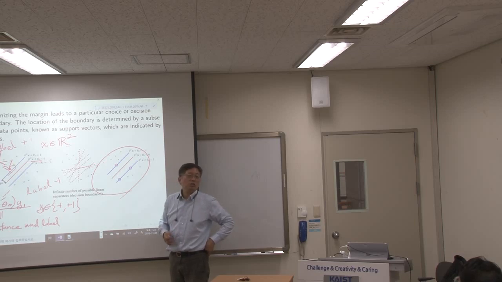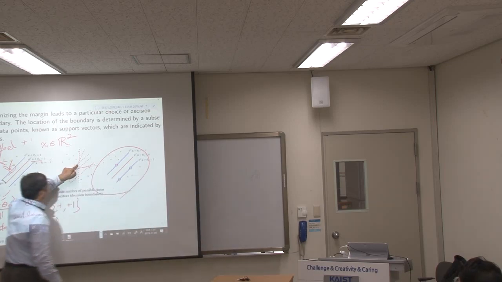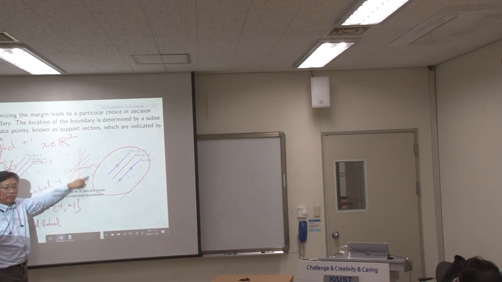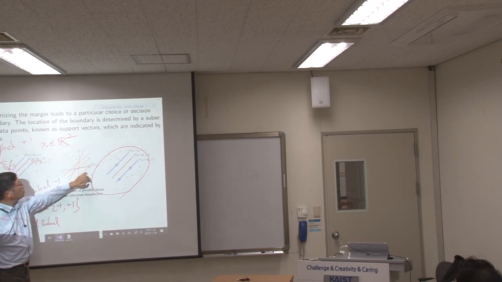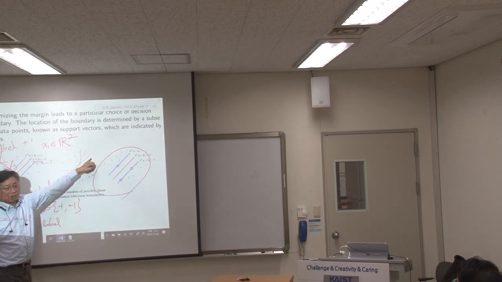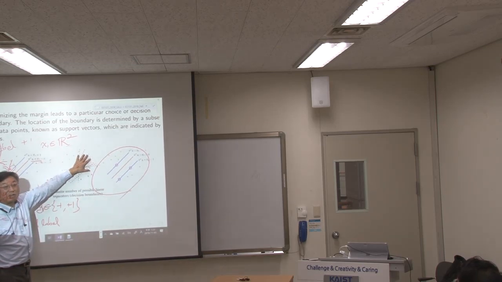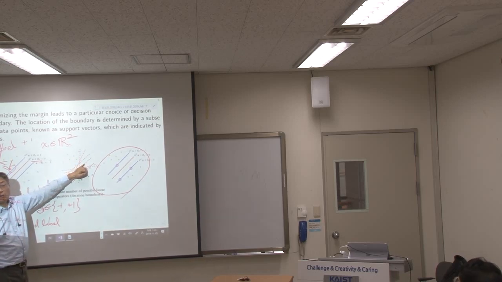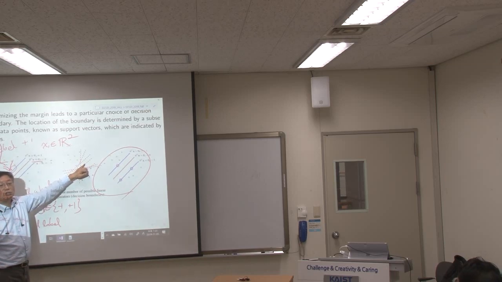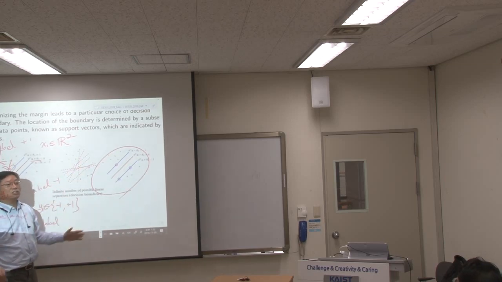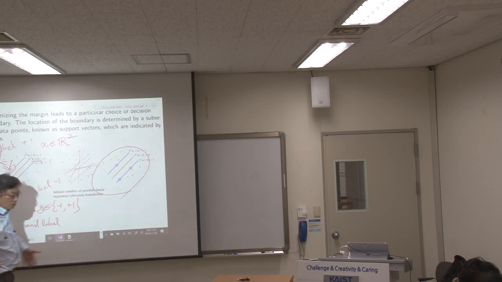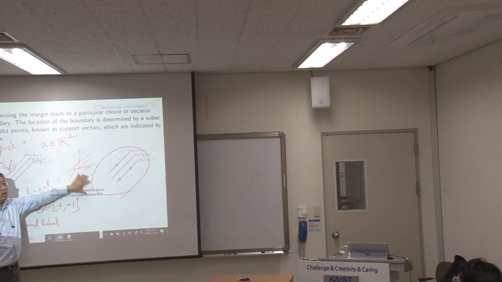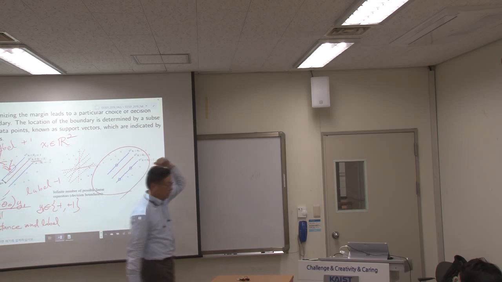The geometric margin is the largest of all the classifiers. For all the classifiers that you define here, there are infinite number of possible decision boundaries. This particular one has the largest geometric margin. You could put the widest road between the two classes of training data.